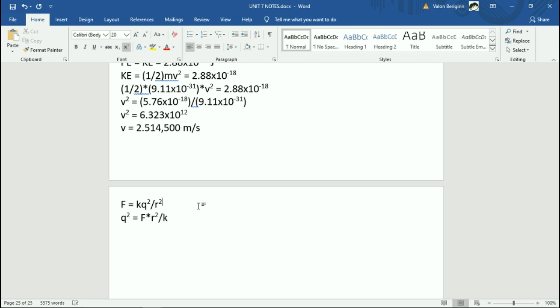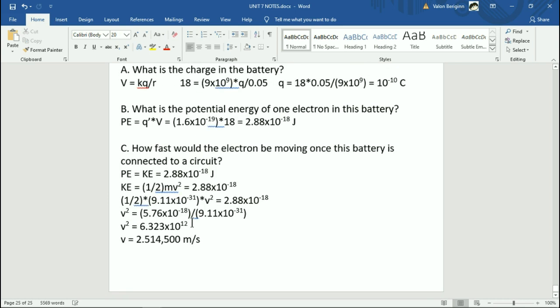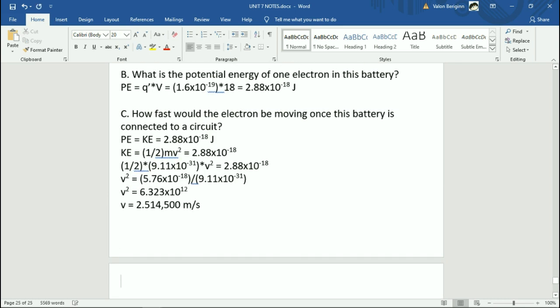If you know all these numbers, you can solve for q squared and then square root it, and you get your charges. So this idea of solving for charges from the other numbers is possible, but that's kind of a rare example. Anyway, let's do a circuit question.